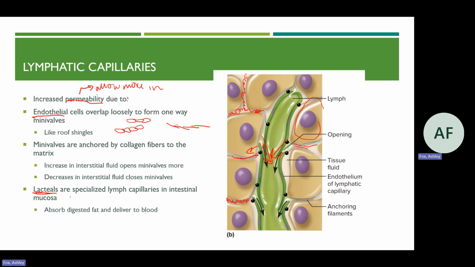That's going to be the specialized lymph capillaries that are in intestinal mucosa. So with the mini valves being able to open wider, they're going to be able to absorb better the fat droplets. So that's why it's digested fat. And then they bring it into the lymphatic capillaries, and all lymphatic vessels lead to the veins, subclavian veins specifically. I'll talk about that again later.